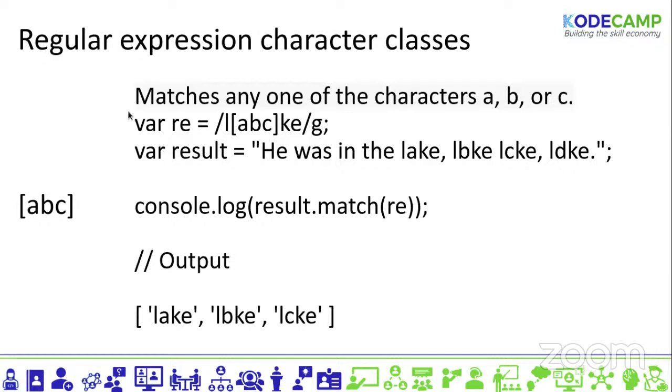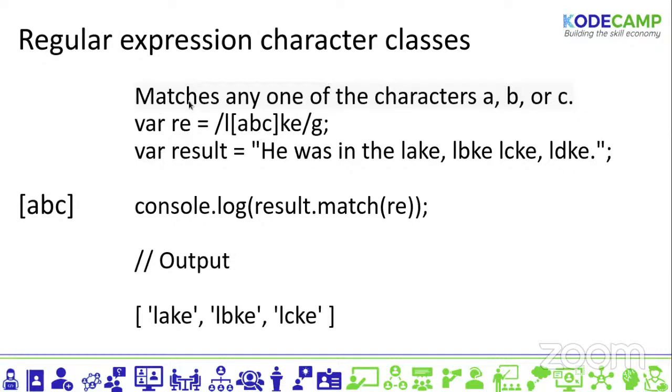Like we see here, we have ABC in square brackets. It might not just be ABC, you can have any other thing inside here. We are saying you should match in this particular string what we are searching for, where, for example, this L, let's say LAKE or LBKE or LCKE.